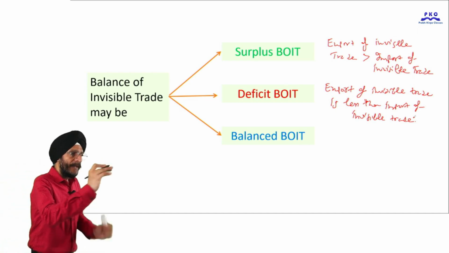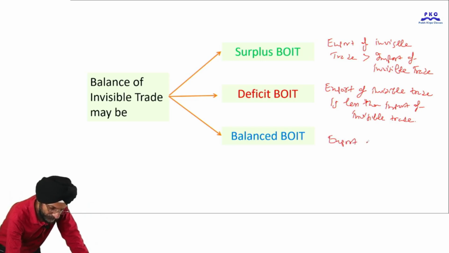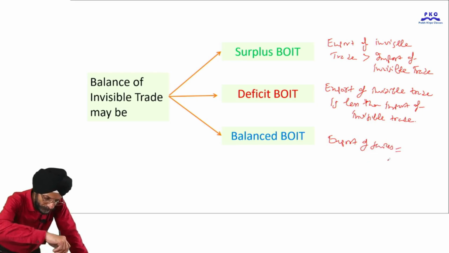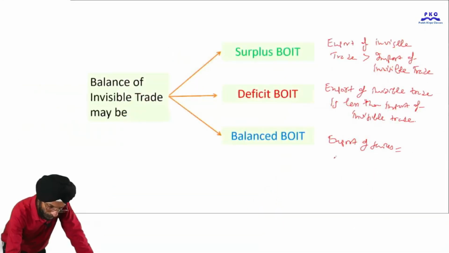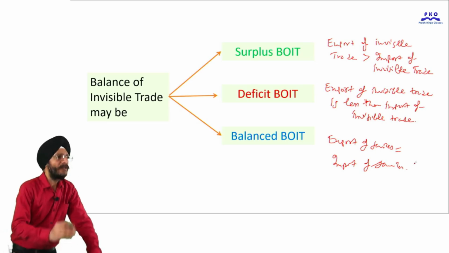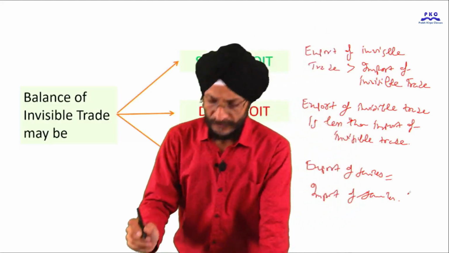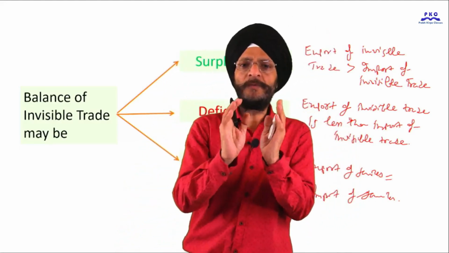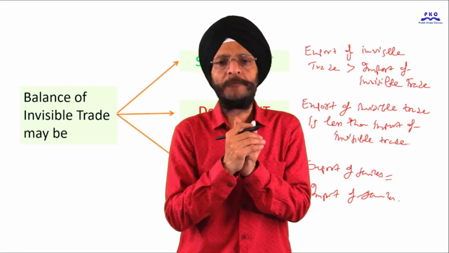Now the balanced BOIT occurs when value of export of services or value of export of invisible items is equal to import of services. When we are talking about balanced BOIT, here we will be taking into account that exports are roughly equal to imports.